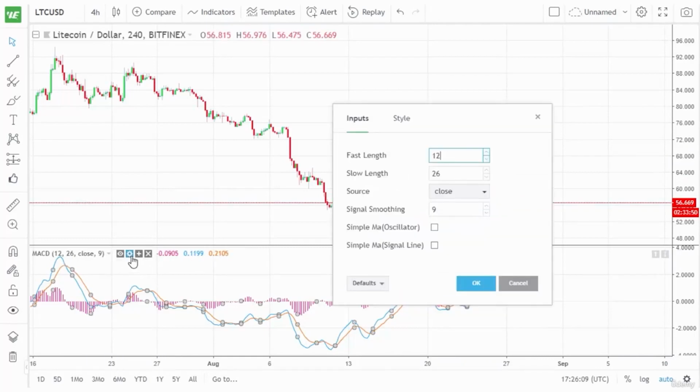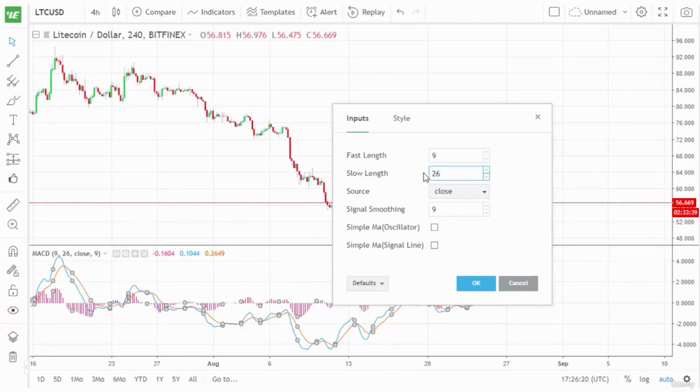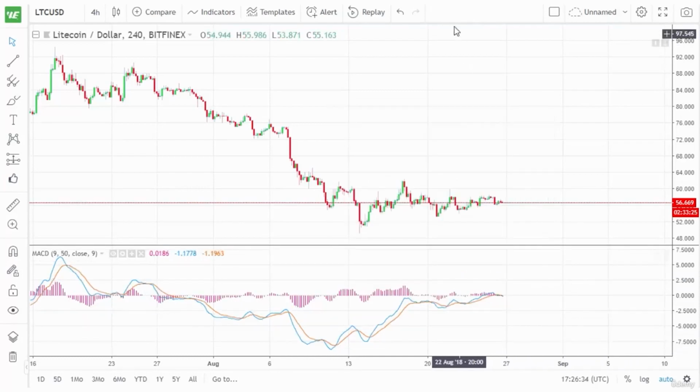I'm going to go ahead and change it by clicking the Format button, and I'm going to change the fast length to 9, and that will make it more responsive, the slow length to 50, and the signal smoothing to 9. Okay, so I'll go ahead and click OK, and I'll walk you through the indicator.